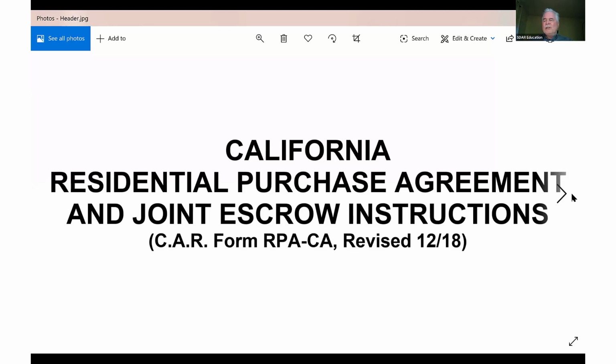You don't need a whole lot of history in how the purchase agreement has evolved over the years to know that you got to use the current form. Remember, you also have the user protection agreement, which says that the California Association of Realtors will help defend you in the event that there is a lawsuit based on the pre-printed language in the form.